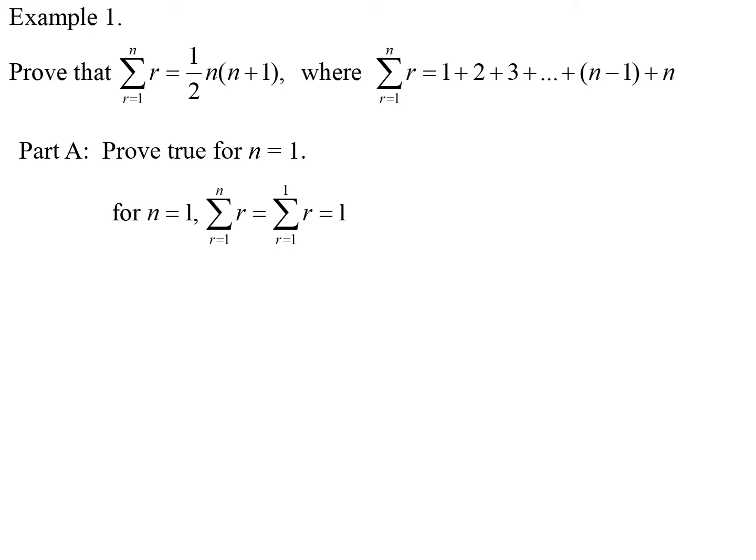So for the left hand side, the focus is this one. When n equals to 1, sigma of r between 1 and n is simply based on this, you have to substitute your r as n.